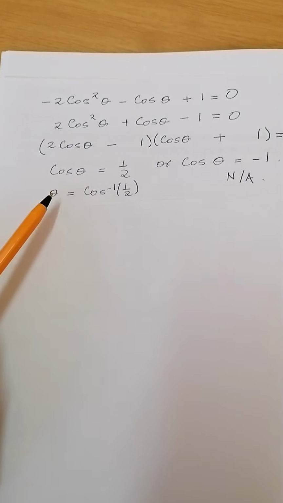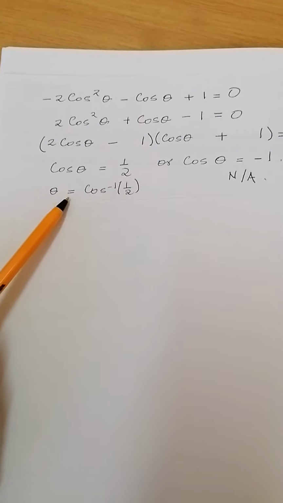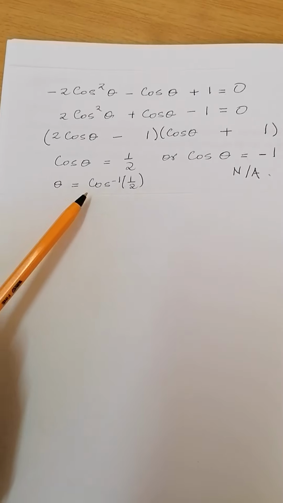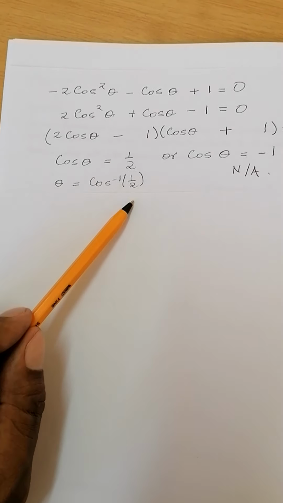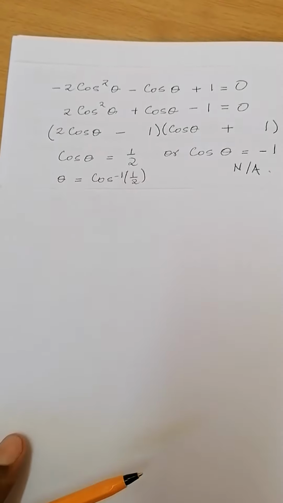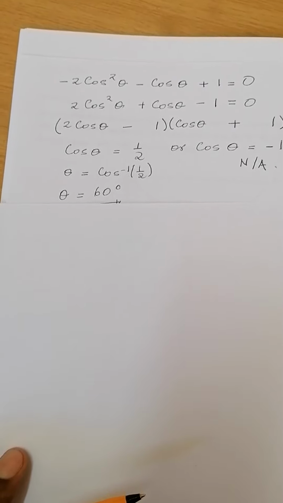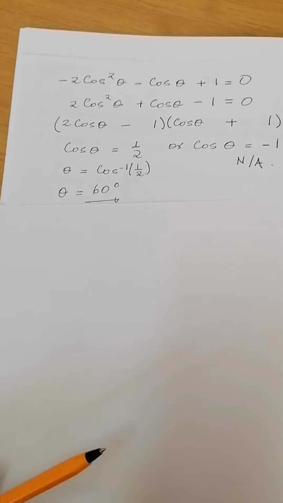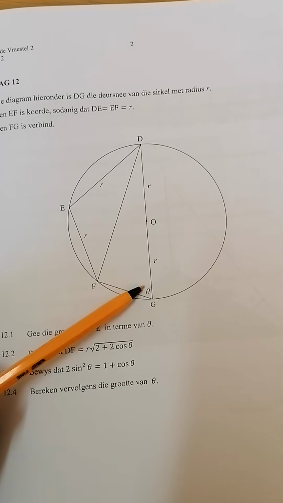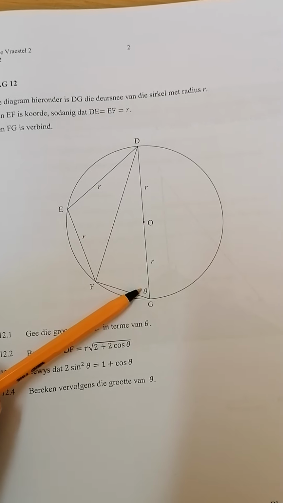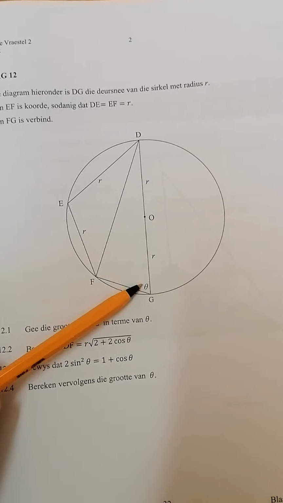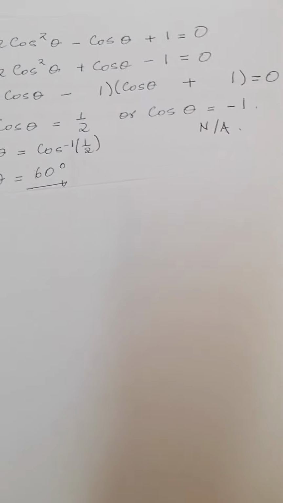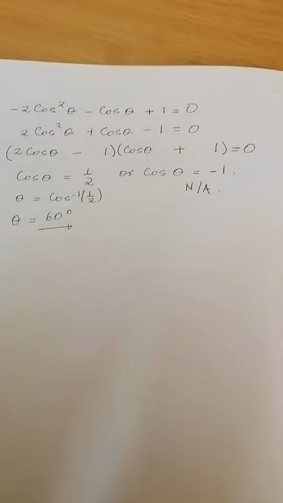All right, meaning that theta would be equals to arc cos of half. And arc cos of half with your calculator would give you 60 degrees. Now it means that this angle is actually 60 degrees. We have answered the question.